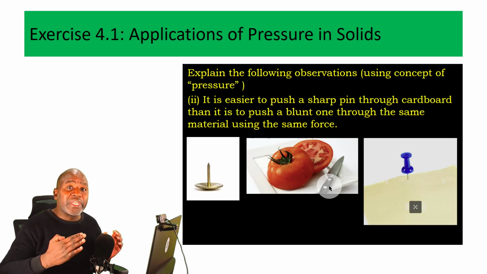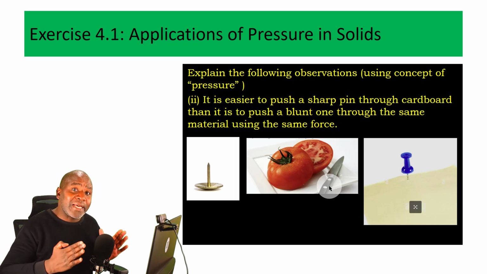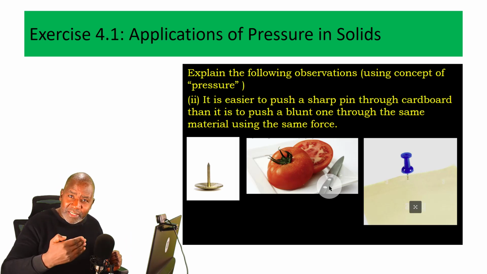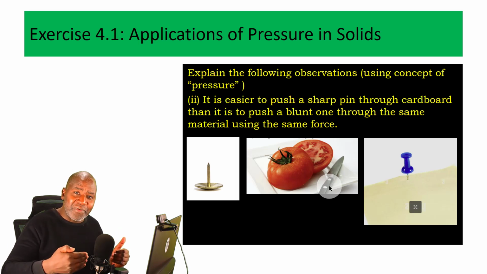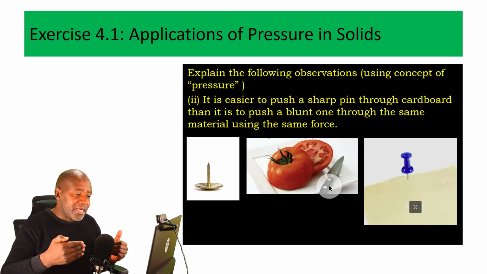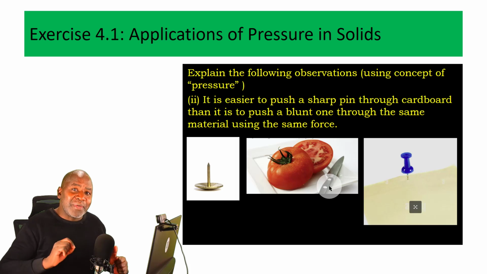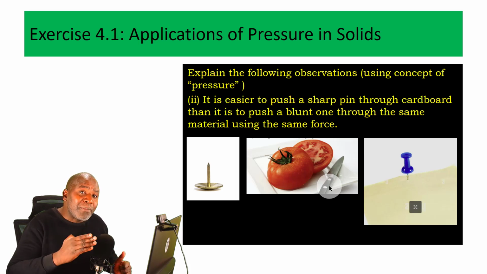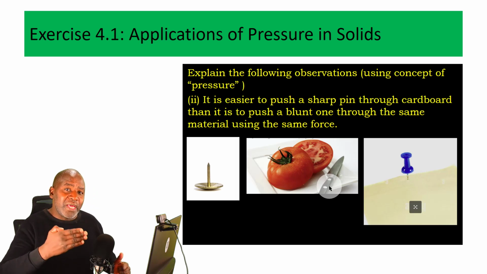So you see, when you increase the force significantly, you will get tired very easily. And that is what makes it difficult or more cumbersome when you're using a blunt knife. So when you're using a sharp knife, it becomes much easier because the area is very small, and an application of a small amount of force produces very large pressure.